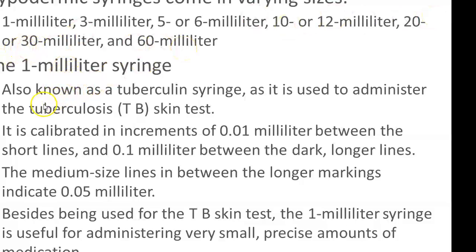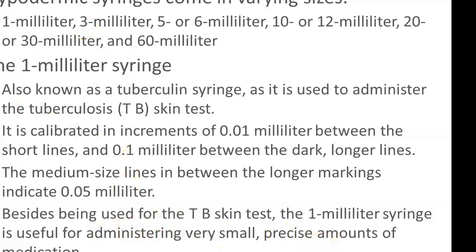The 1 milliliter is also known as a tuberculin syringe, as it is used to administer the tuberculosis skin test, and it is calibrated in increments of 0.01 milliliter between the short lines and 0.1 milliliter between the dark longer lines. This is for getting a very small, precise amount of medication. We use this often because sometimes we can't get that precise with a 3 milliliter syringe, so we would go to a tuberculin syringe.